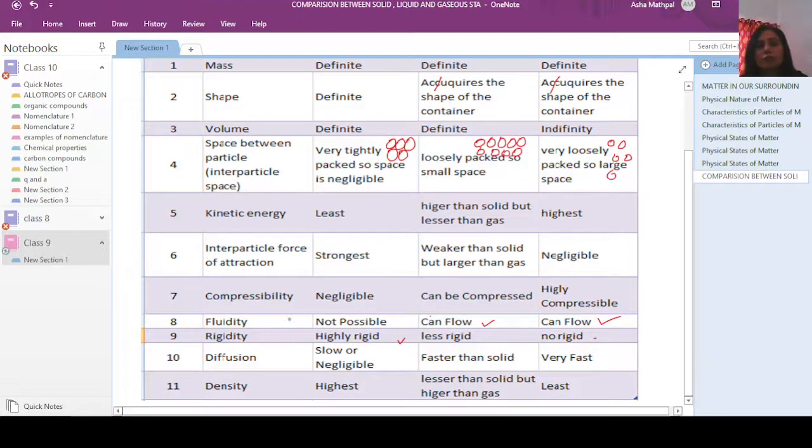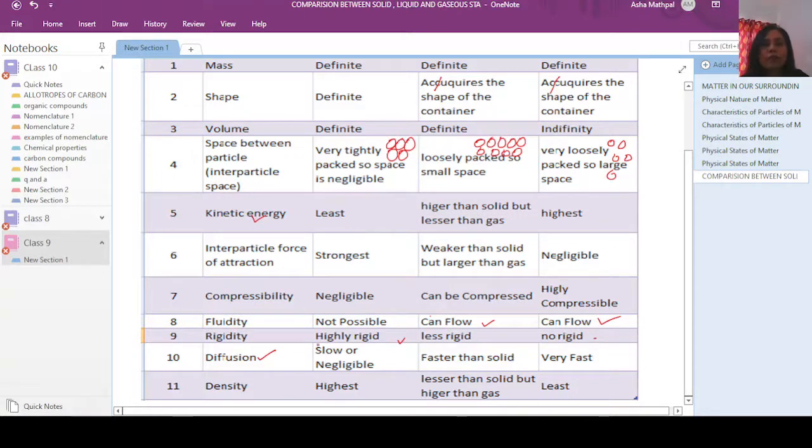Then diffusion, that is mixing or the movement. Now see, diffusion comes from the kinetic energy basically. Diffusion is actually the movement of particles from the high region towards the low region. Now here you are seeing that the particles are very less in motion, that is they vibrate at their own position in case of the solids.